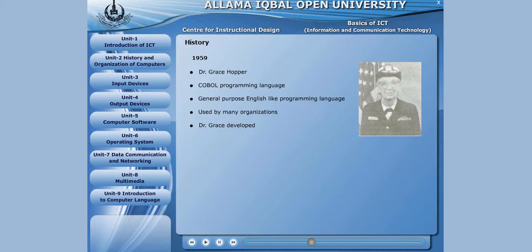Dr. Grace developed a compiler that translated programs written in COBOL to run on a variety of computers. She is also the pioneer to find the first real bug in a computer. Programmers debug software to find out errors or bugs in their programs.